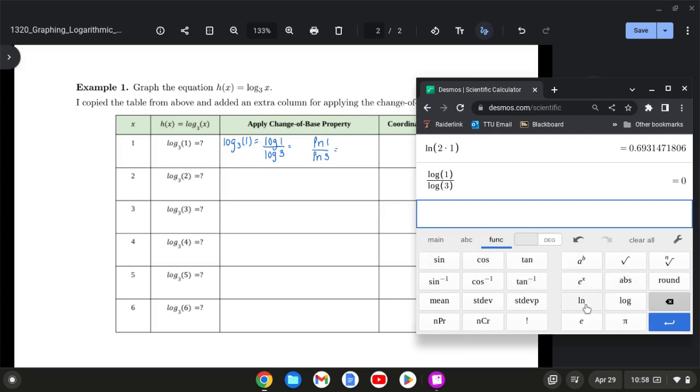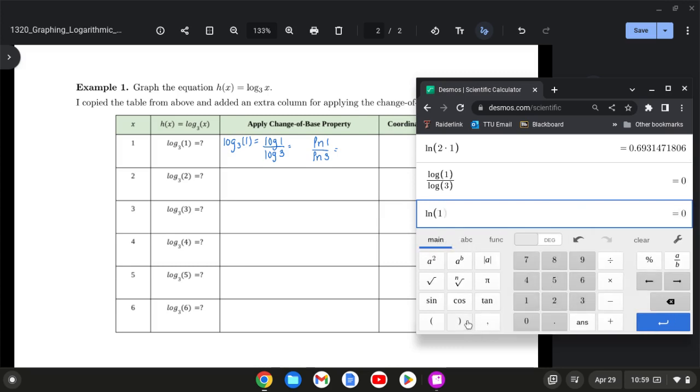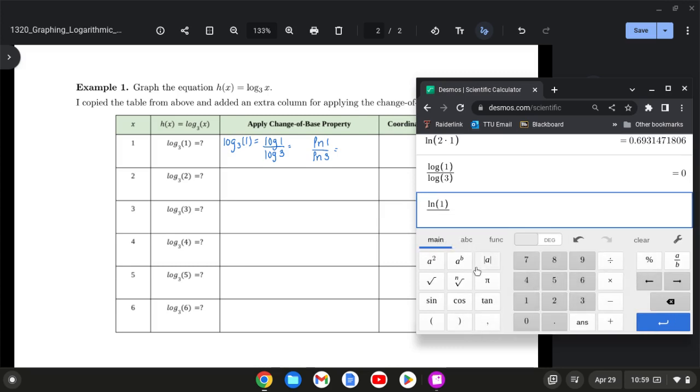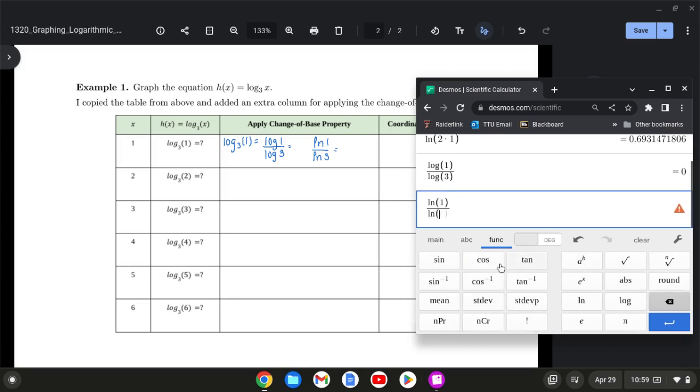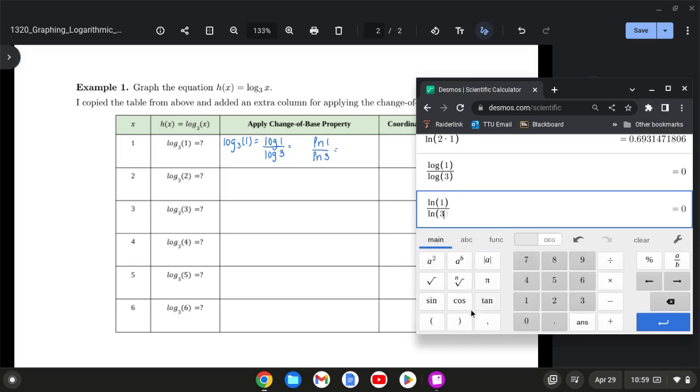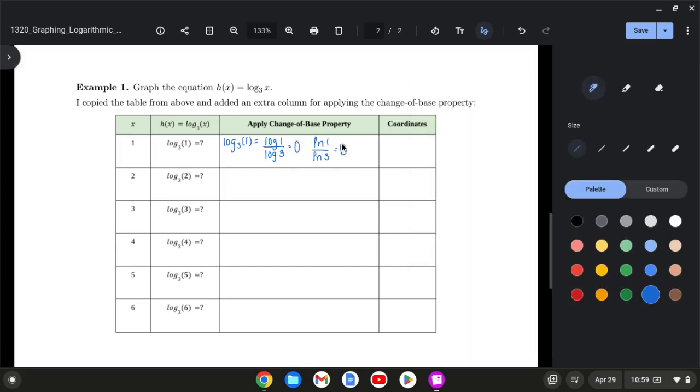Here we have the natural log of 1 divided by the natural log of 3. And we do in fact get the same thing. They are both 0. So here my y value is going to be 0, and our x that we used to get that value is 1. So our coordinate is (1, 0).